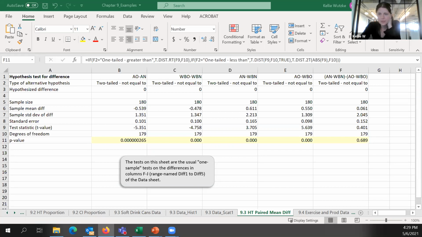Okay. So they're measuring whether the translation of perceptions into sales is any different for the two styles of cans. So that's what that column J is supposed to represent.